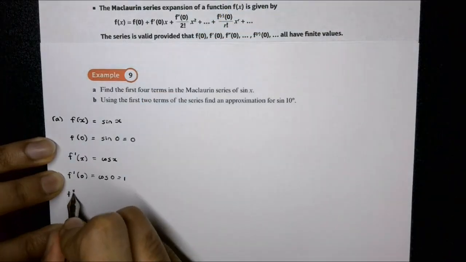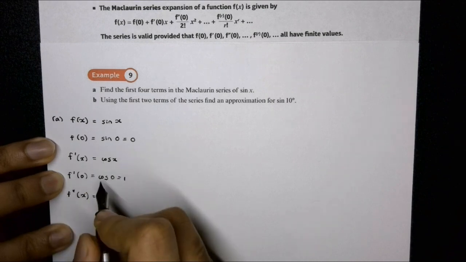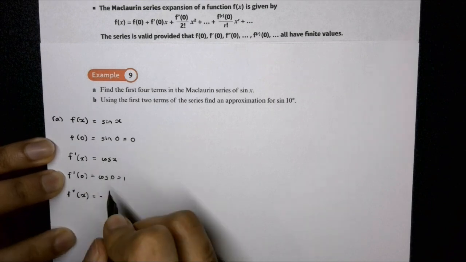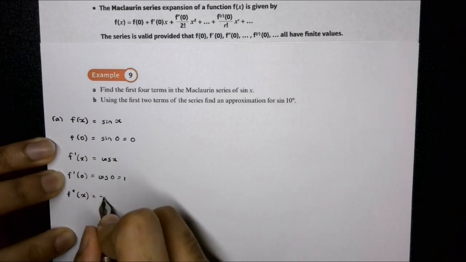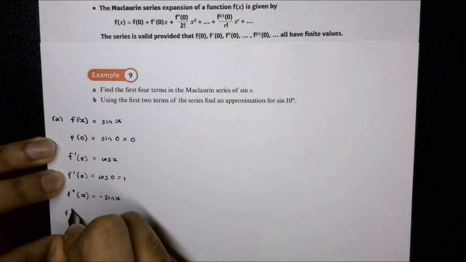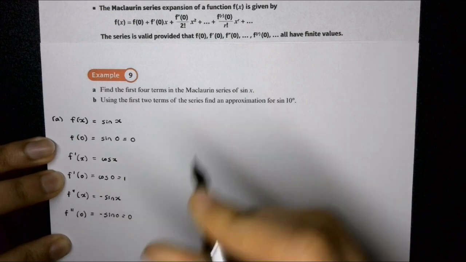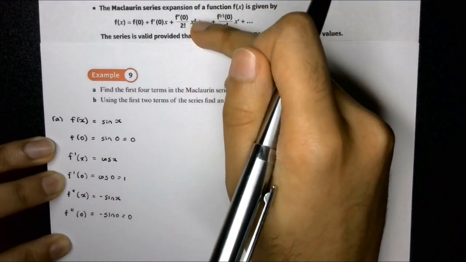If we work out f double dash of x, differentiating cos, we get minus sine x, and therefore f double dash of 0, that's equal to minus sine of 0, which is equal to 0. So we can't include the x squared term.